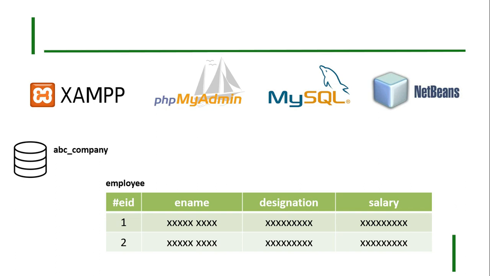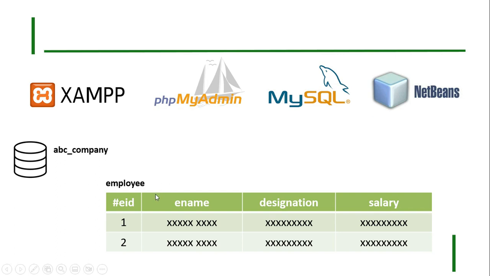Okay, so first thing we will be doing is creating a database. The database that we will be creating is ABC underscore company, in MySQL, and in the ABC underscore company database we will be creating a table employee.